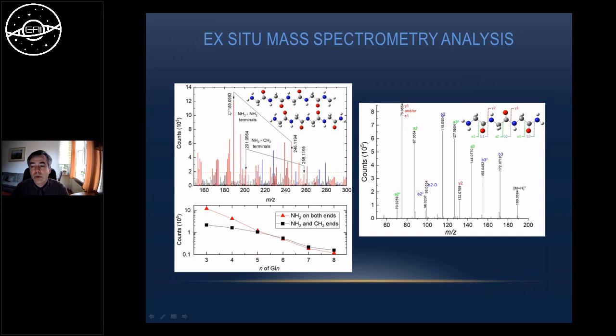Then these ions were sent to the collision cell where they collide with argon atoms at about 30 eV energies. And here you can see the fragmentation pattern of this ion. The fragmentation really corresponds to the predicted molecular structure. So we can be sure about our assignment.